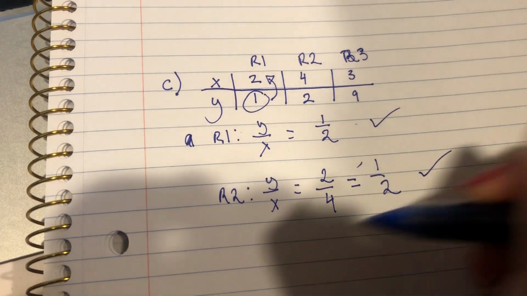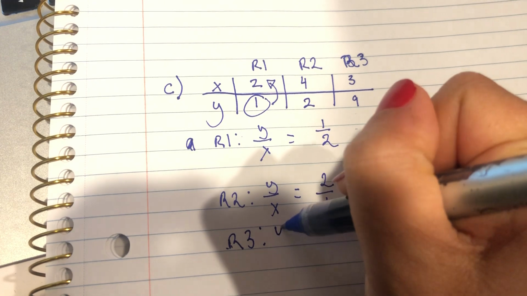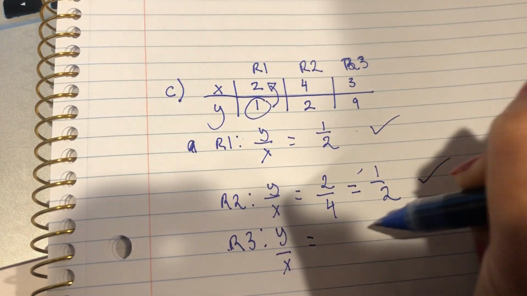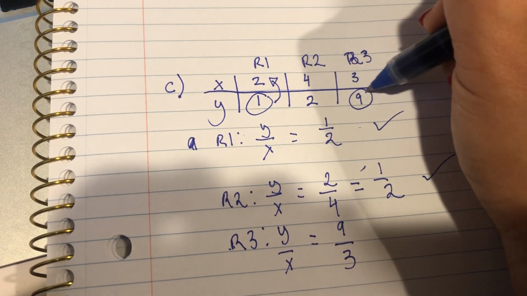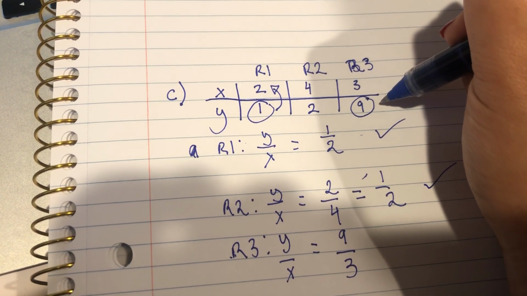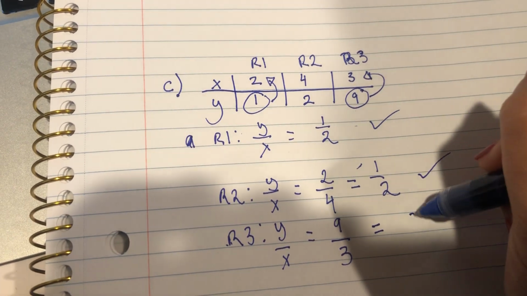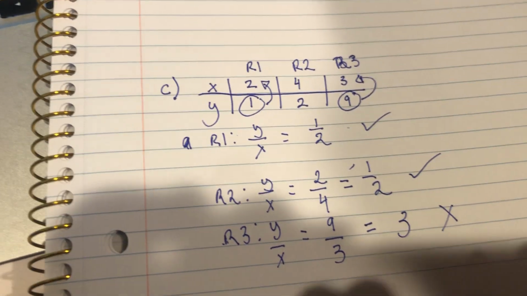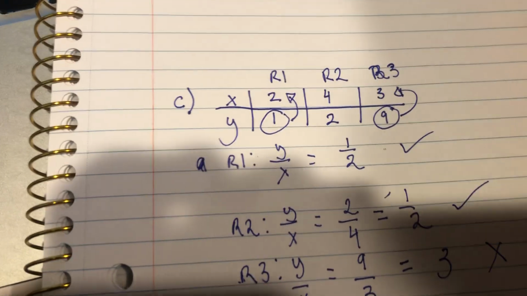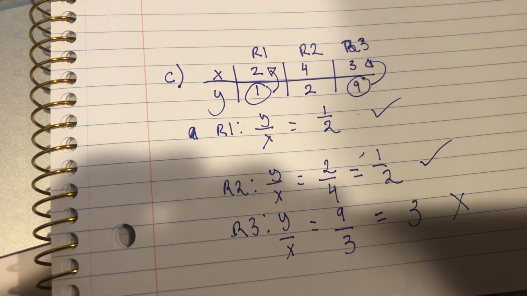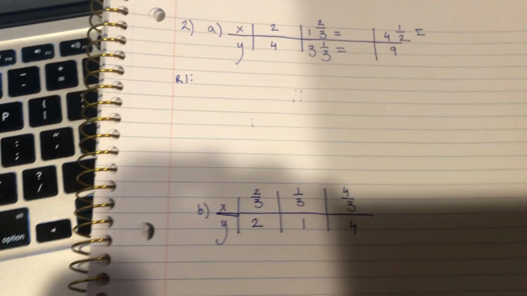So far it's proportional. But if I look at my last ratio, we have y over x, and we get 9/3 because 9 is my y value, 3 is my x value, and 9 divided by 3 is 3. So C is not proportional, and we did this pretty quickly because we have whole numbers, so it's much easier to find. So I already know that C is not proportional.